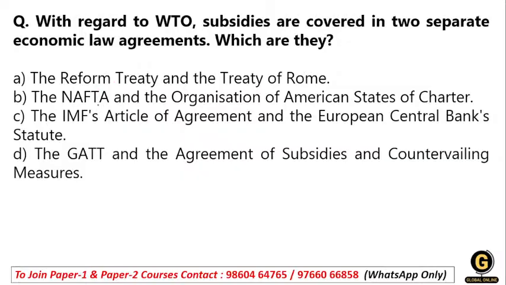Option B, the NAFTA and the Organization of American States Charter. C, the IMF's Articles of Agreement and the European Central Bank Statute. D, the GATT and the Agreement on Subsidies and Countervailing Measures.